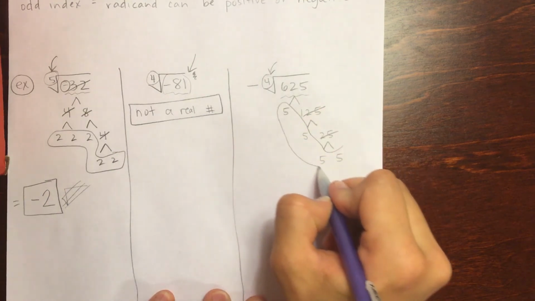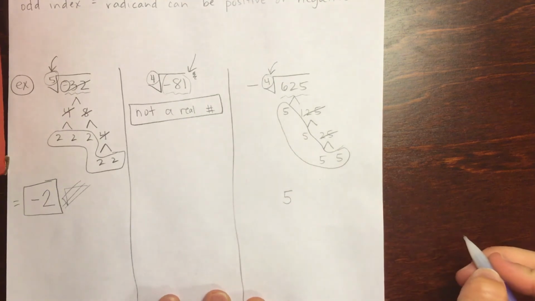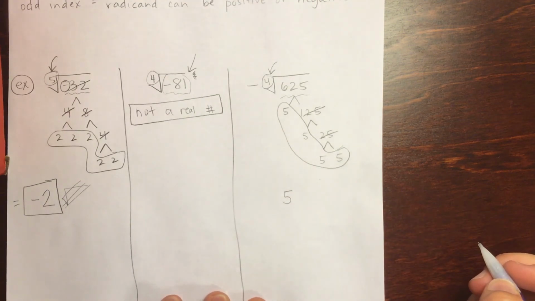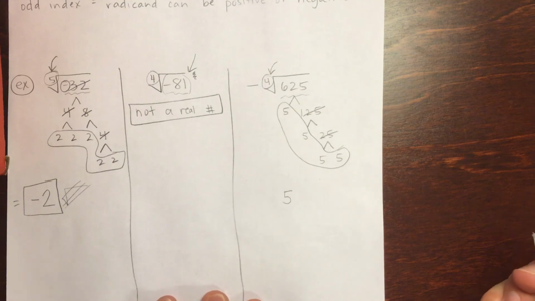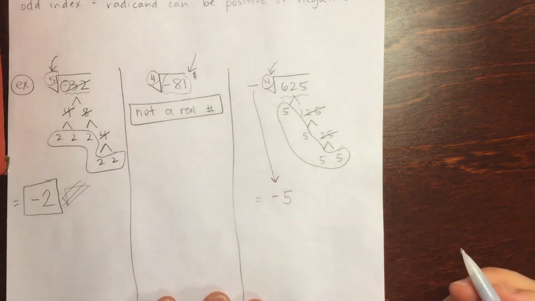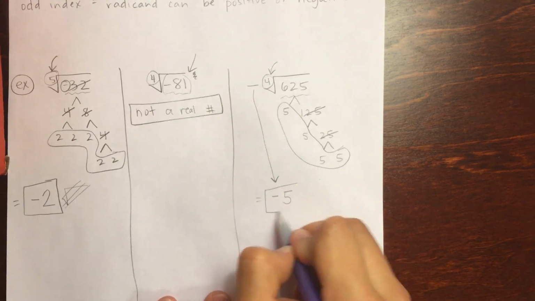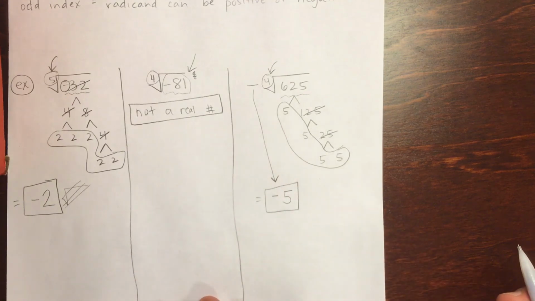Luckily, we have 4 5's, so my 4 5's leave the radical to go on a date. Nothing's left underneath my radical because I don't have any single numbers. And there's a negative already out front, so I need to leave it out front. But now the 5 is also out front, so this is just a negative 5.